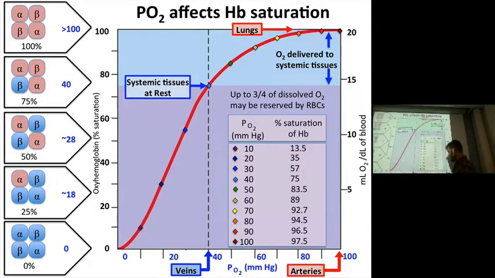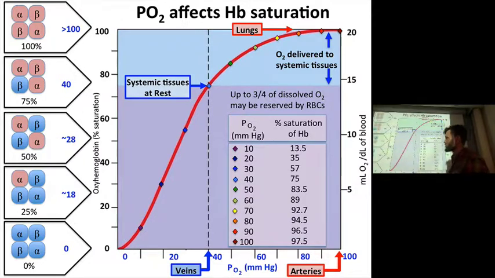So along the bottom axis, we have partial pressure of oxygen, right? And along the y-axis, we have saturation of hemoglobin, right? Percent saturation of hemoglobin from 0 to 100%. And that is across the population of hemoglobin that you would find in an ensemble, okay?